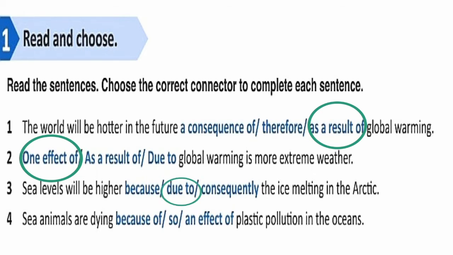The correct answer is due to. And finally, sea animals are dying because of, so, or an effect of plastic pollution in the oceans. The correct answer is because of. Let's continue.